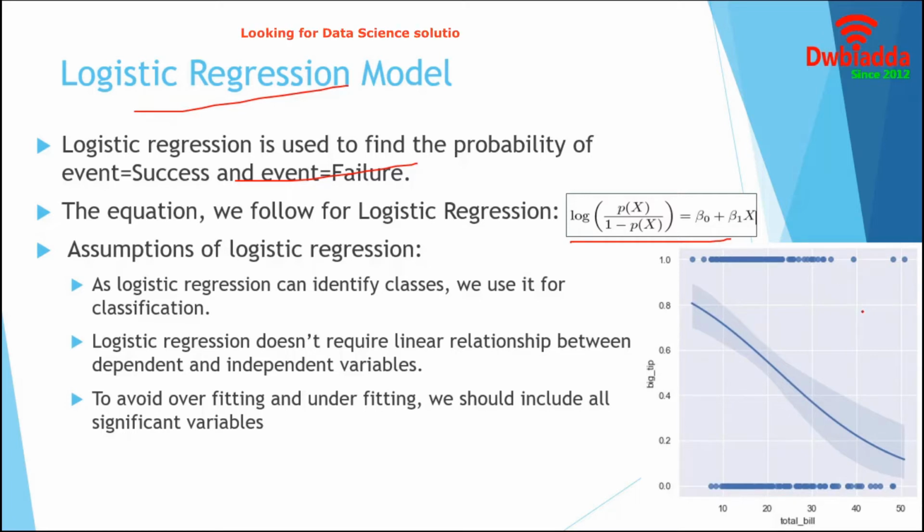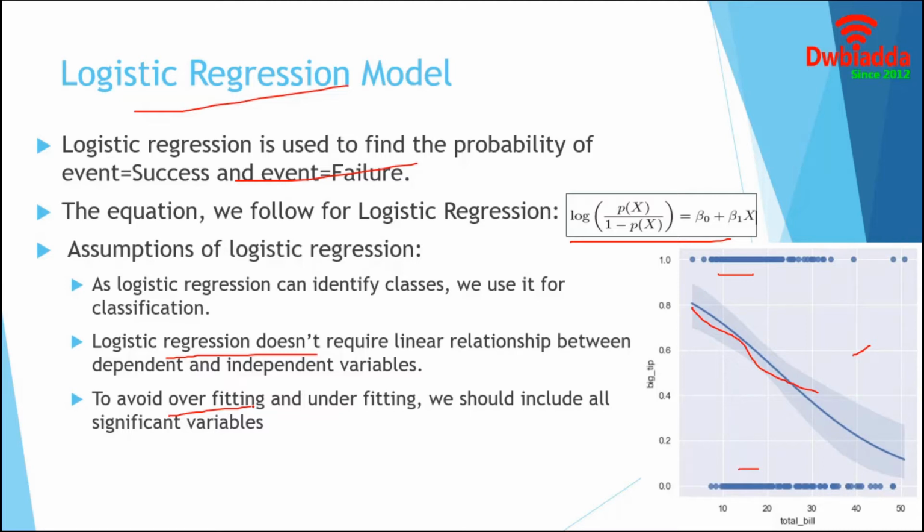Let's concentrate on this plot. Observations are divided into two classes, 1 and 0, and this line can easily identify them. Logistic regression doesn't require a linear relationship between dependent and independent variables. And the final thing is, to avoid overfitting and underfitting, we should consider only the significant variables.